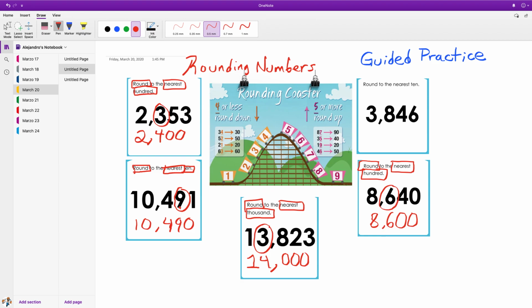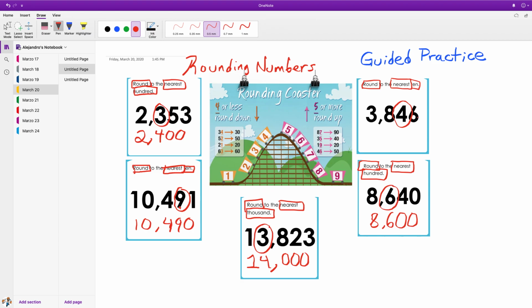Good. Let's go ahead and do the last one. And the instructions say round to the nearest 10. So the keywords round, nearest 10. So really easy, right? Ones, tens. So I'm gonna circle the tens. But I need to be careful because I need to see the digit that is on the right, which is a 6.